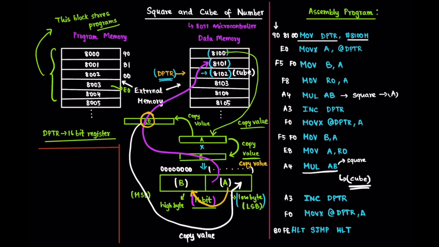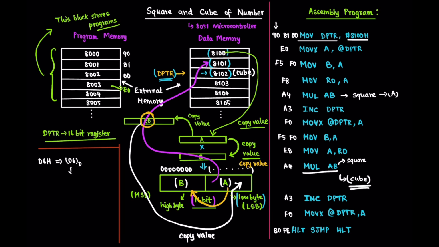Now, we are going to give an example of how the square and the cube of a number is performed. Let's take an example value. Let's take 6H. This 6H is going to be stored in 8100H. Now if we square this, first let's convert it into decimal. The decimal equivalent of 6H is 6.